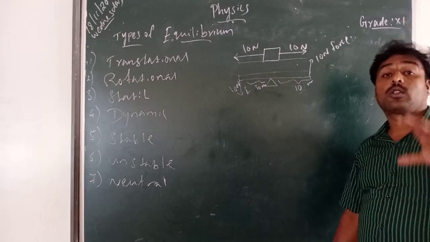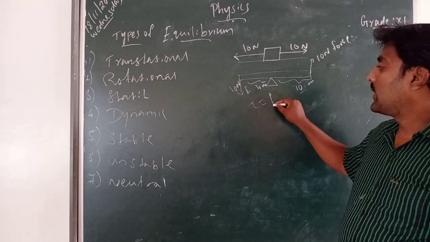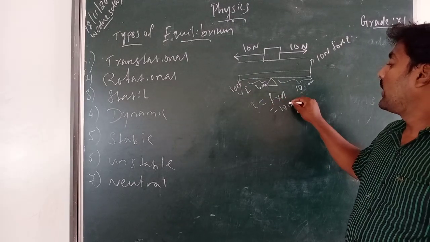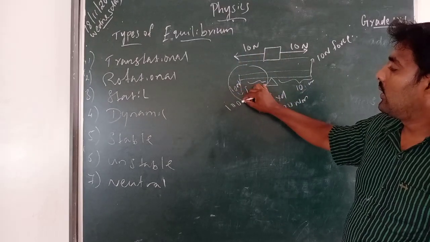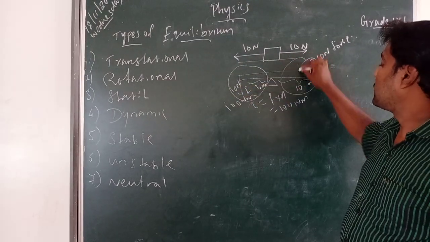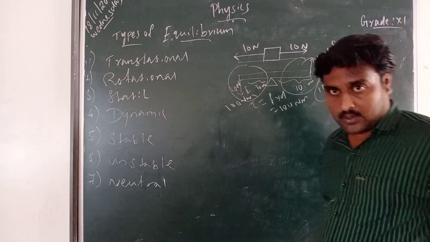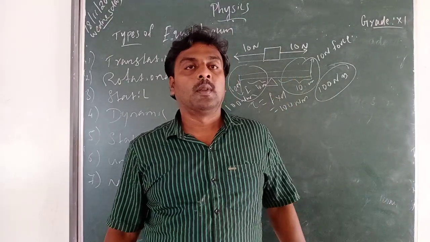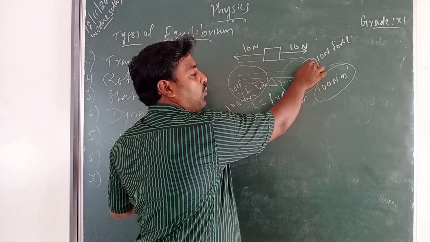So what will you get for the torque? You know the torque formula: torque is equal to F into d. So 10 into 10, you will get 100 Newton meter. This side torque is 100 Newton meter, and this side also you will get 100 Newton meter. The forces are acting in opposite directions, so one will rotate in the anti-clockwise direction and the other in the opposite direction.